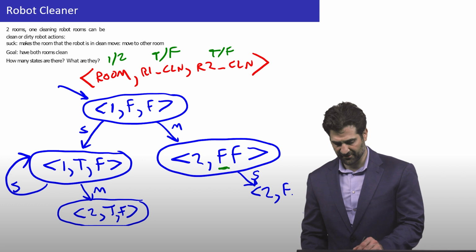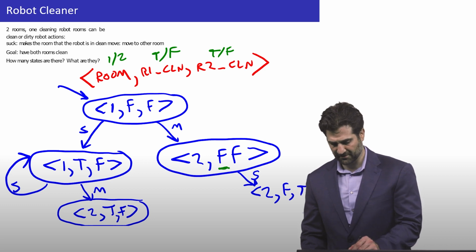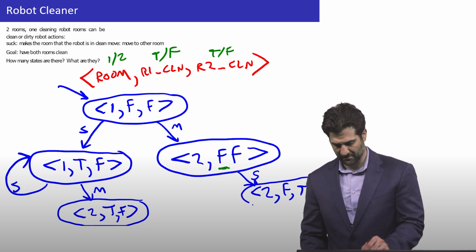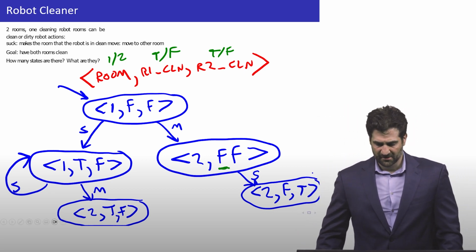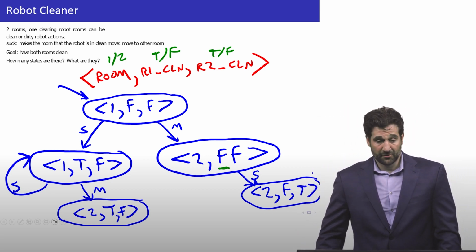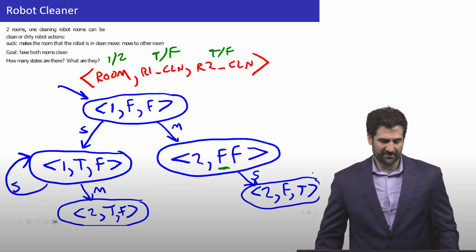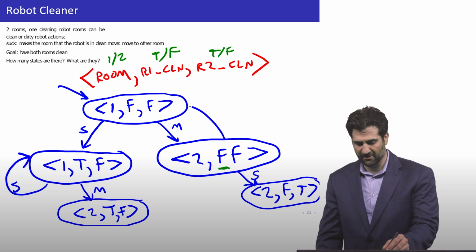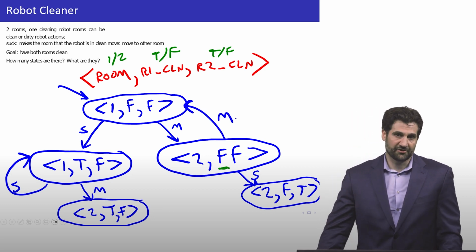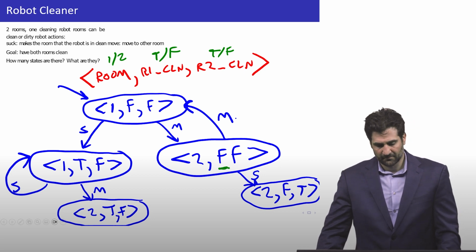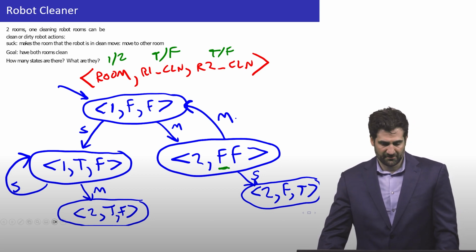Room 1 is still dirty, but room 2 is now clean. All right. So if it moves, if it goes from 2 back to 1, well, everything's still dirty, so now it's going back to the initial state.